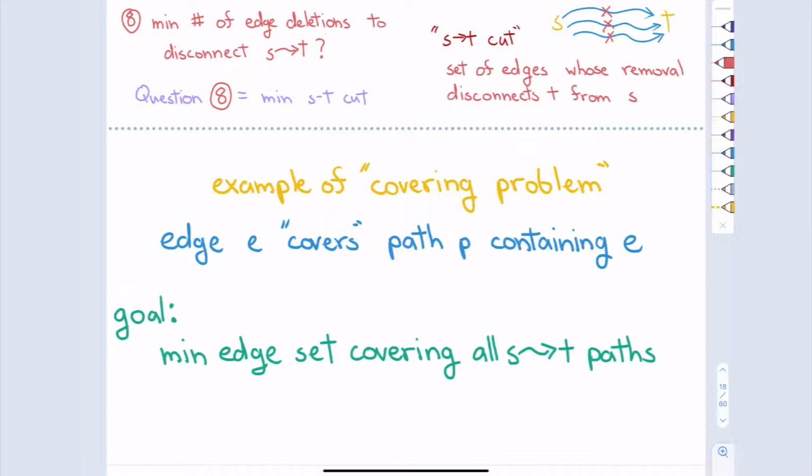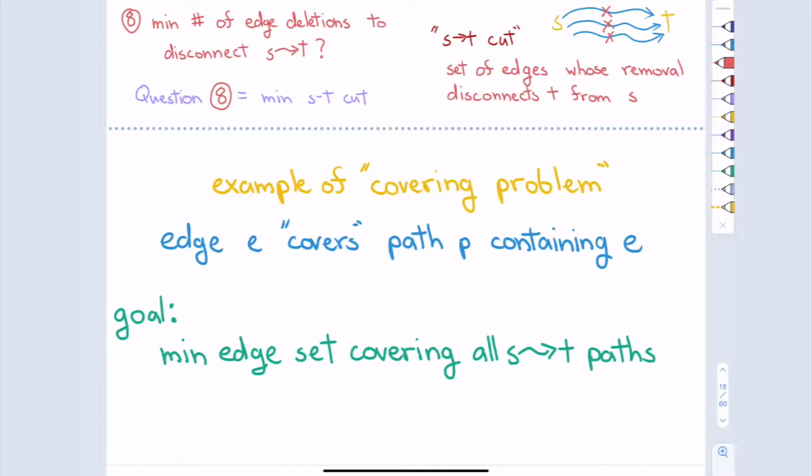So the edges are covering paths. I need to take at least one edge from every path. There may be exponentially many paths. Doesn't mean you have to take exponentially many edges. You just have to take at least one edge from every S to T path. So edges cover paths in this case.